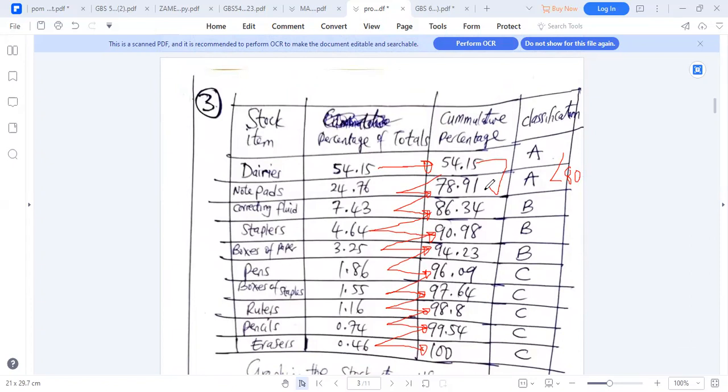But then, of course, we should know that for A, the value should be less than 80%.